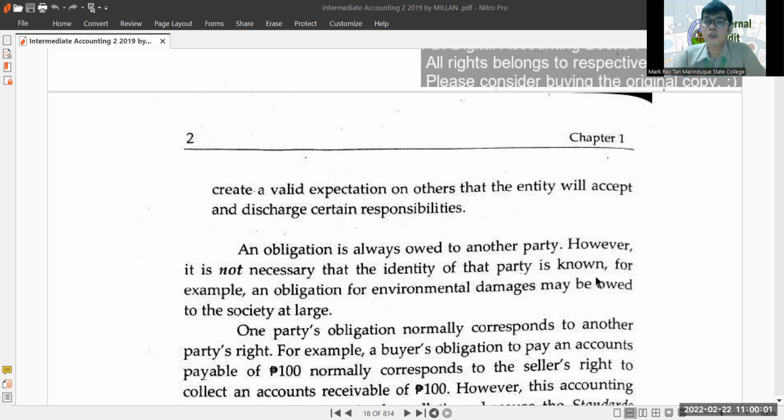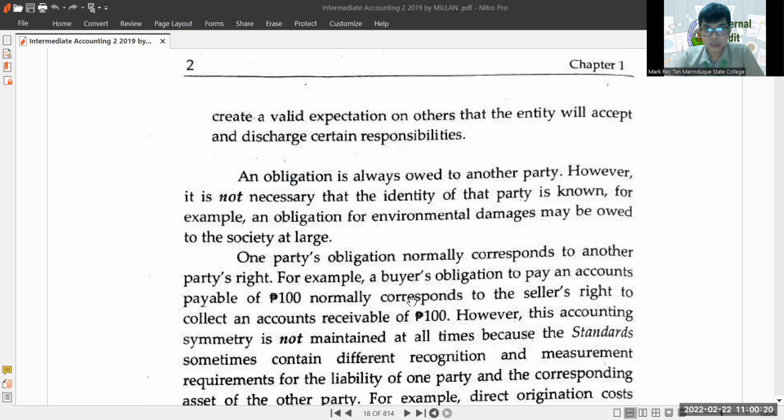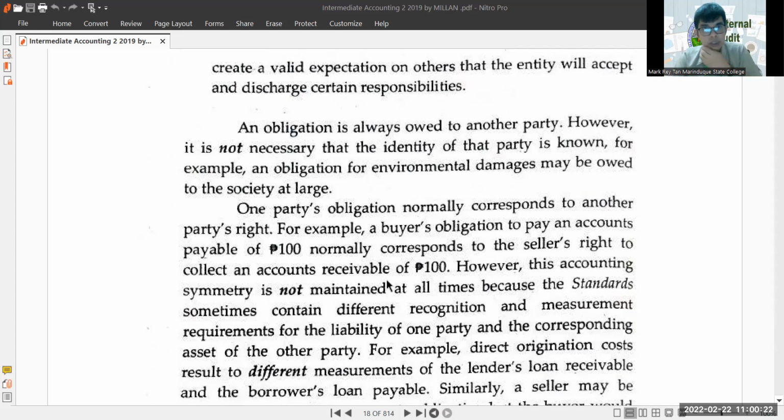Ibig sabihin, kahit hindi mo alam yung creditor, okay lang yun sa obligation. So, example natin dito is an obligation for environmental damages that may be owed to the society at large. So, meron tayong example about it a little later.